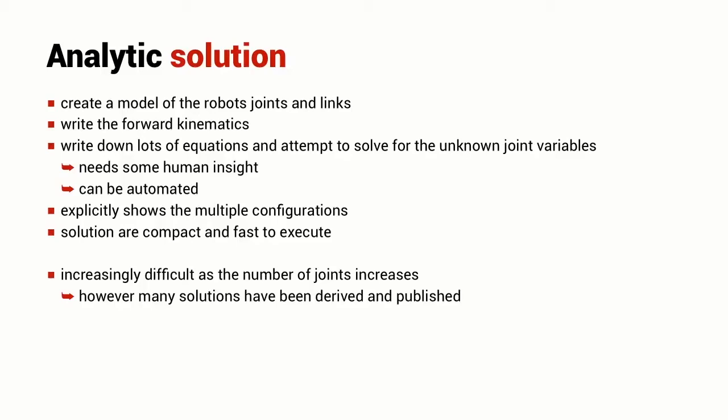You can take the resulting equations and code them up in your favorite programming language and they will execute very, very quickly. However, the analytic approach is increasingly difficult as the number of joints increases. It takes quite a lot of work to do it for a 6-link robot. Fortunately, a lot of smart people have looked at this problem over many decades, and solutions for almost all robots have been derived and are published somewhere in the literature.